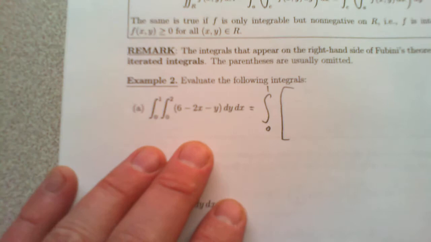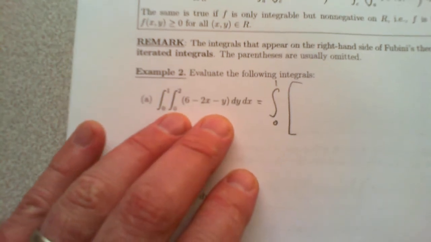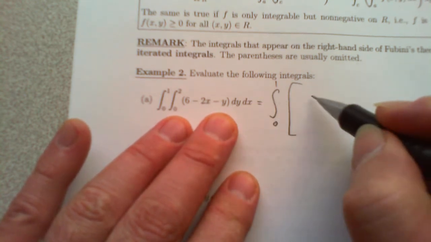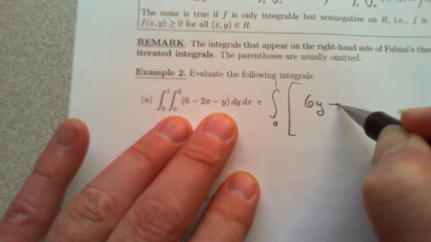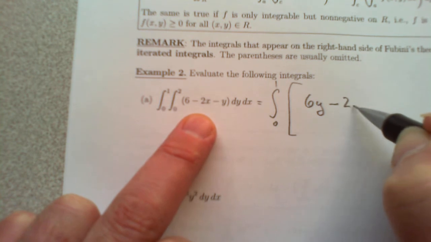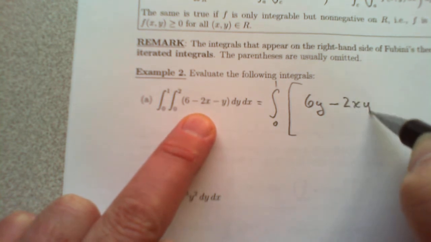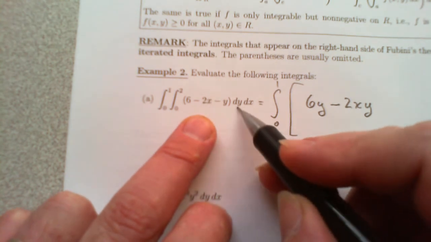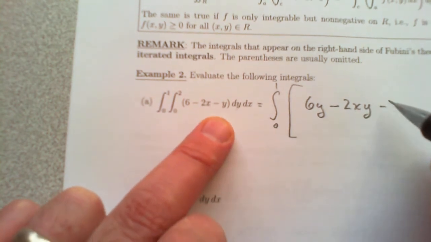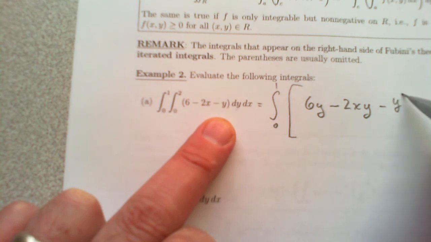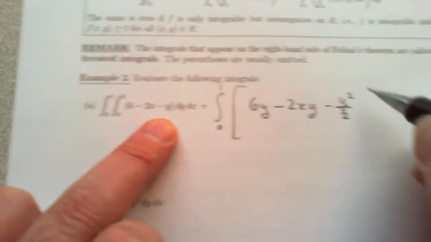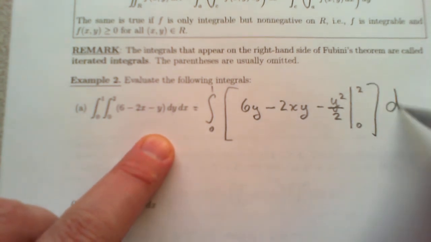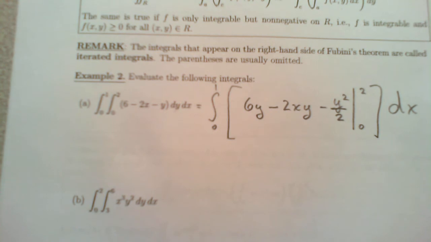If I'm doing the integral of 6 with respect to y, I'm going to pick up 6y. Now minus 2 times x, which is a constant, times y, because 2x is a constant with respect to y. Now minus the integral of y, which is y squared over 2. Now you have to evaluate this from 0 to 2. And then on the outside, I've got the integral dx.